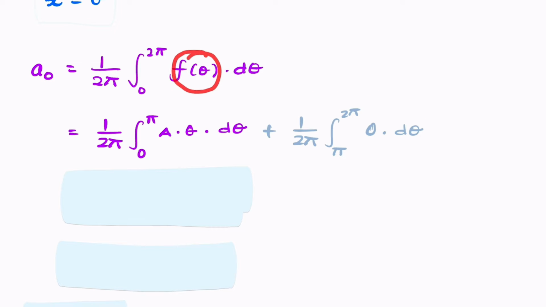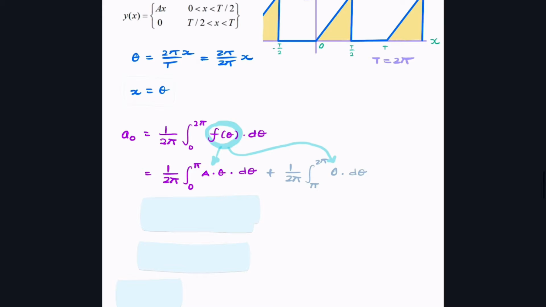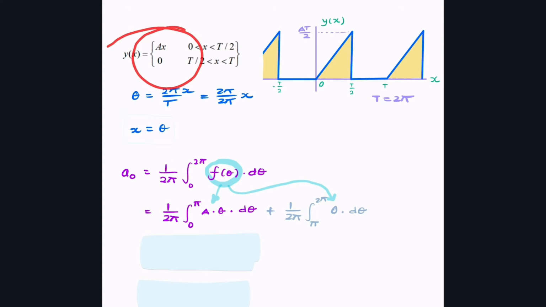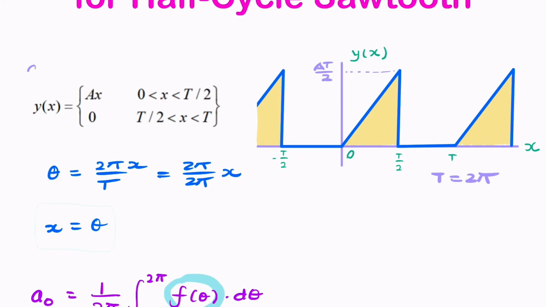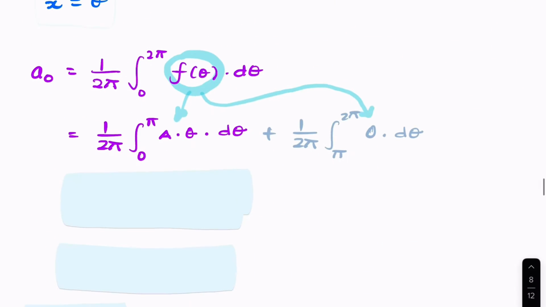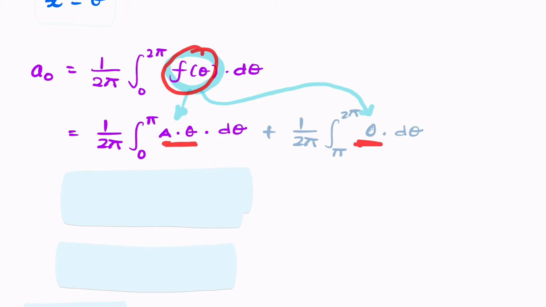Now f of theta is either a theta or 0, depending on which region we're looking at. So in the question we're told that y, or we can rename that as f of theta, is either ax or a theta or 0. So I've replaced this with the expressions we're given, so that we don't need to integrate that because it's simply 0.